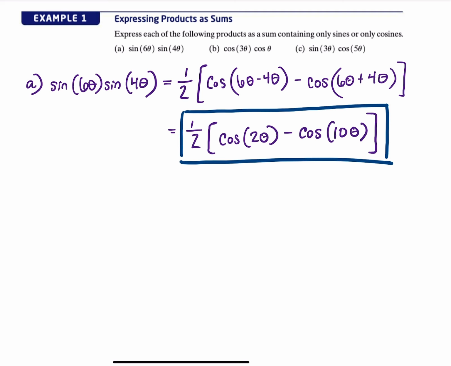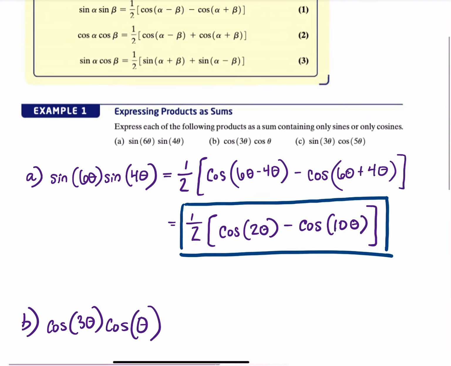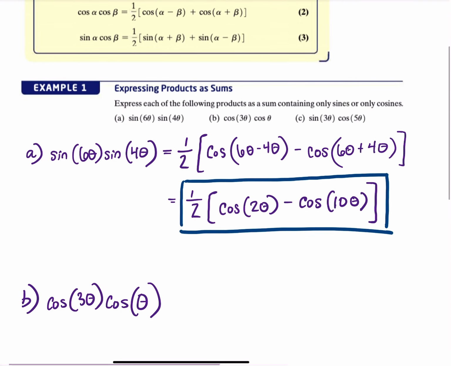So let's continue with our examples here. We have the cosine of 3 theta times the cosine of theta. So let's reference, I'll leave it at the top here. We're looking at this one. Product of two cosines.